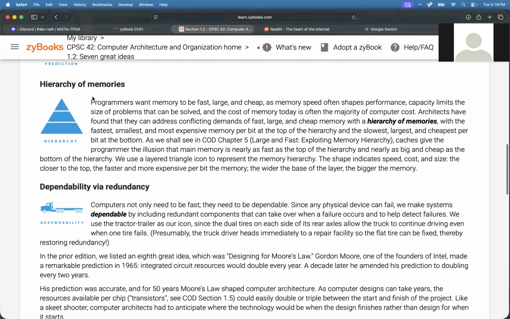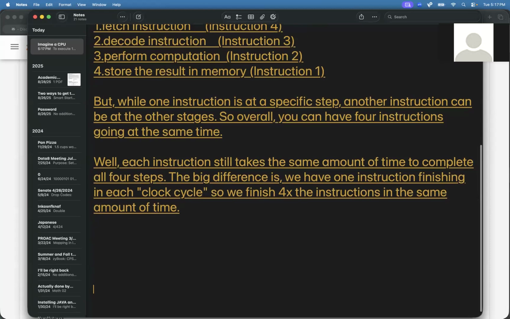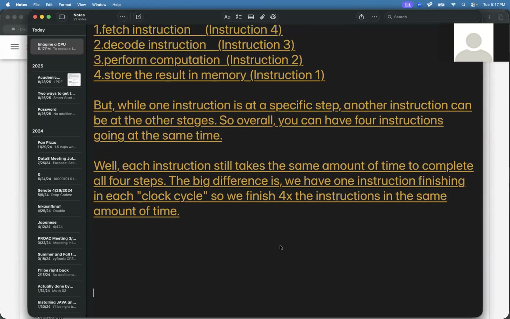Okay. A hierarchy of memories. The entire way a computer is constructed involves a lot of different types of storage of a lot of different sizes, and that goes down to the hard drives, which can kind of count. Let's just think about the computer I'm using right now.